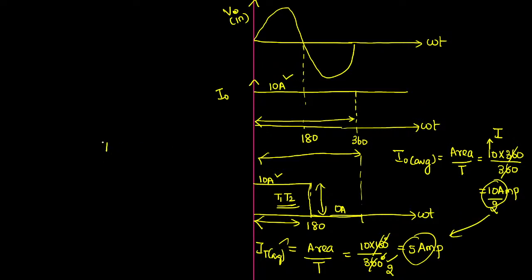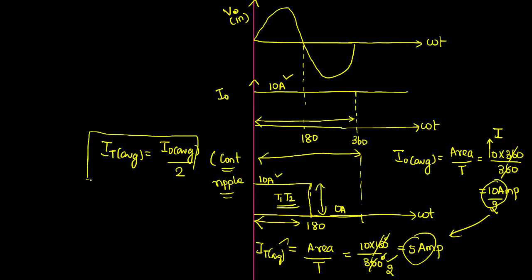So from this I can say the average value of the thyristor current will be equal to the average value of the output current divided by 2 in case of a single phase full bridge rectifier with continuous conduction. Continuous conduction means ripple free load. So that is the relation between thyristor current and output current for this type of load.